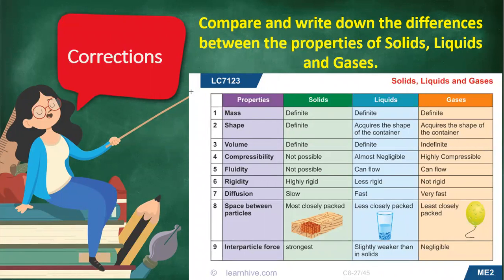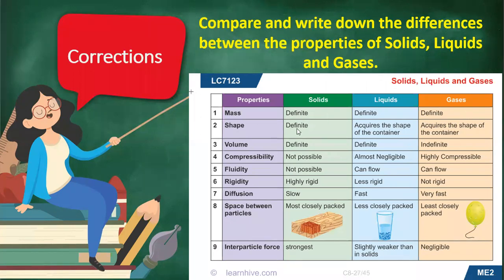Now each of these different states of substances has its own properties. We are going to compare them, because when you compare, you don't only look at the differences, but you also look at the similarities, okay? For example, if you compare the mass of a solid, a liquid, and a gas, you find that they are all similar.